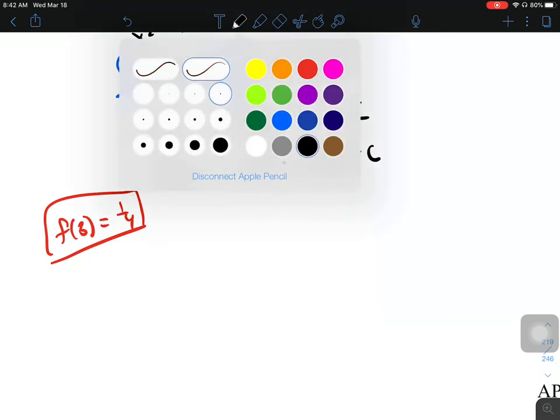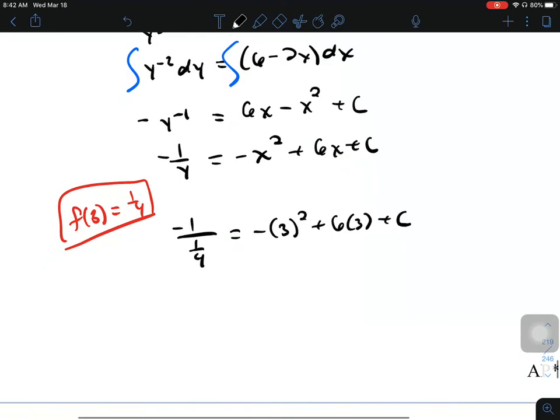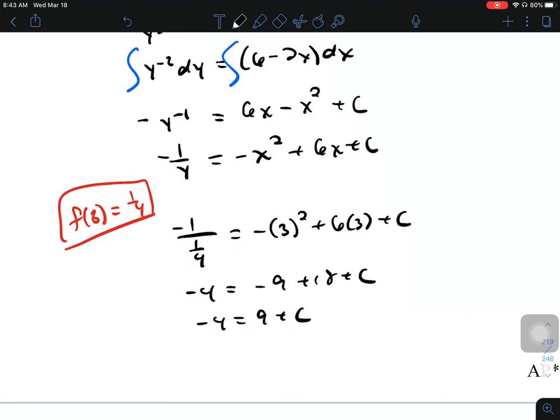So I'm going to put a 1/4 in for y, 3 in for x, and negative 1 divided by 1/4 is a negative 4. It's just reciprocal. And then over here, we're going to get a negative 9 plus 18 plus c. So we're going to end up with c is negative 13.